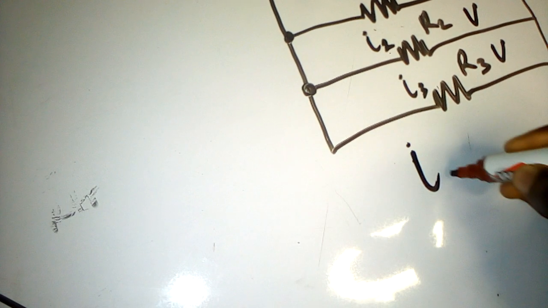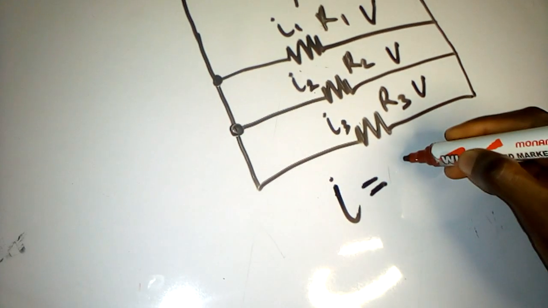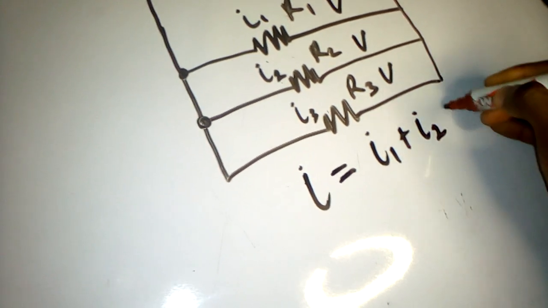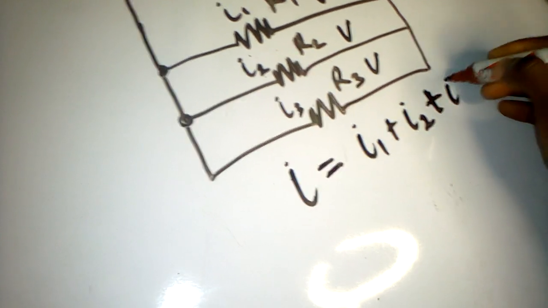So in that wise, the total current in the circuit, I total, is going to equal I1 plus I2 plus I3.